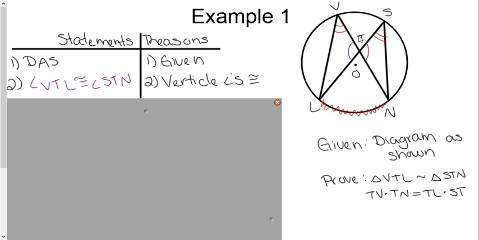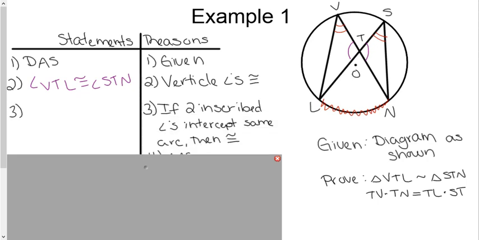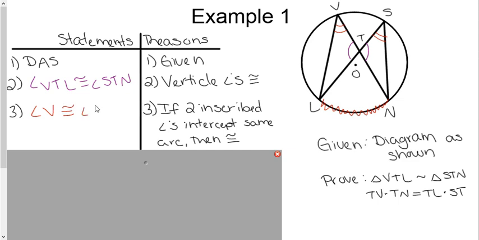So these two angles are congruent. That gives me my second angle. Unfortunately, there is no abbreviation for this theorem, so you have to write it all out. But now I have angle V is congruent to angle S. So now I have two angles being congruent in these triangles.